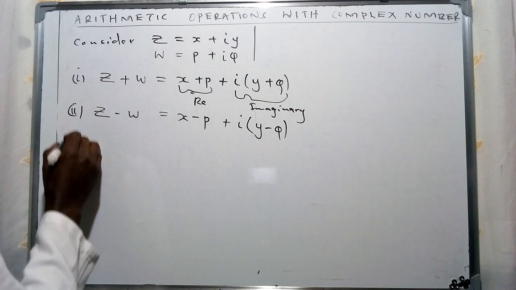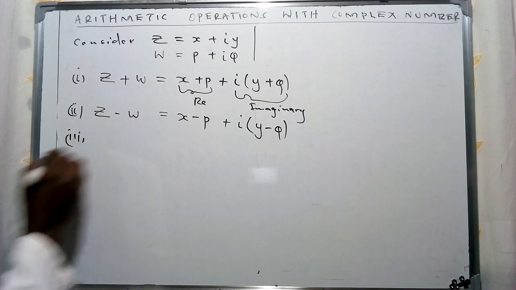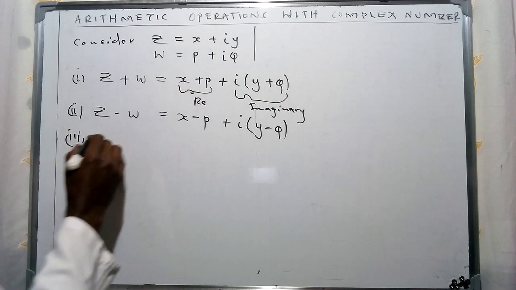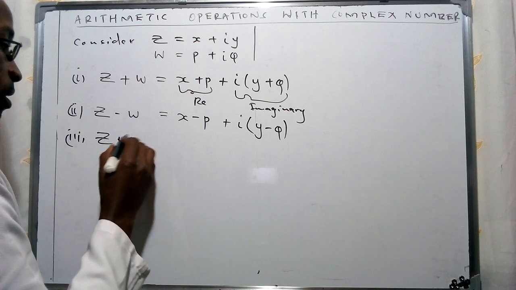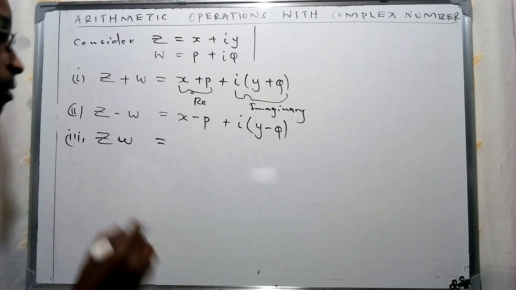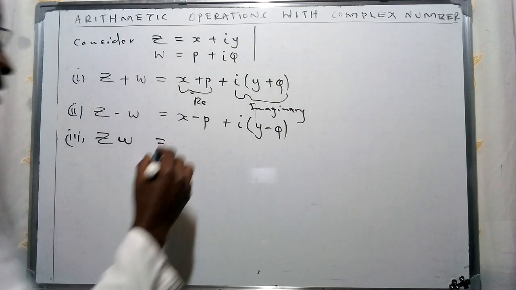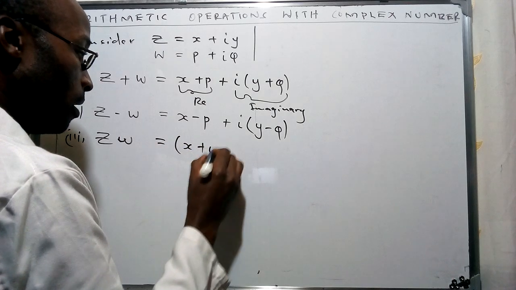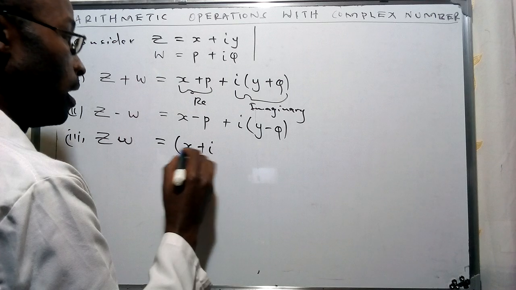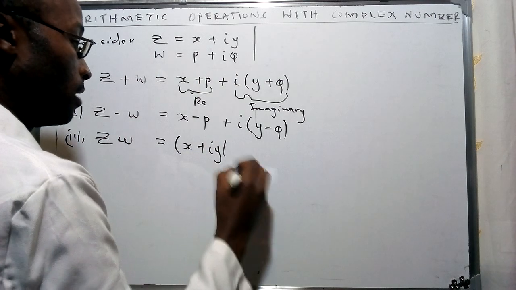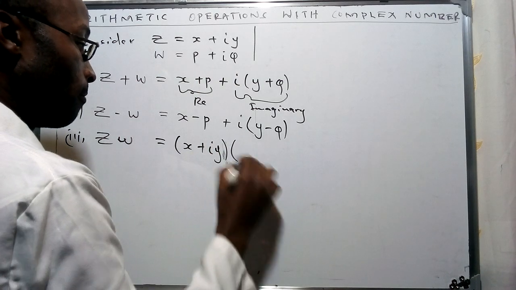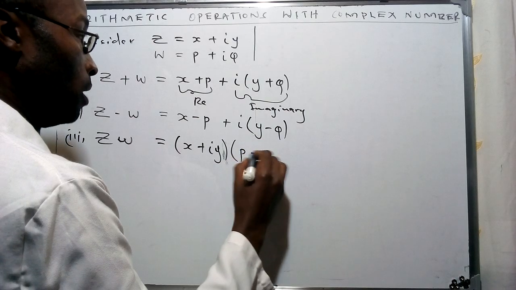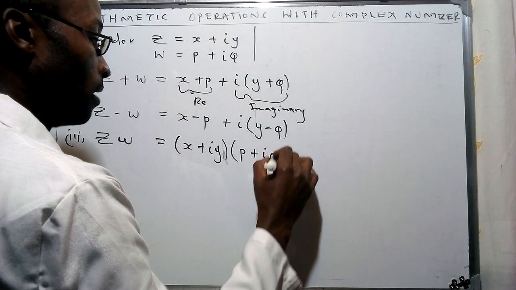And if you consider the multiplication of these two complex numbers, we have x plus iy as a factor multiplied with p plus iq.